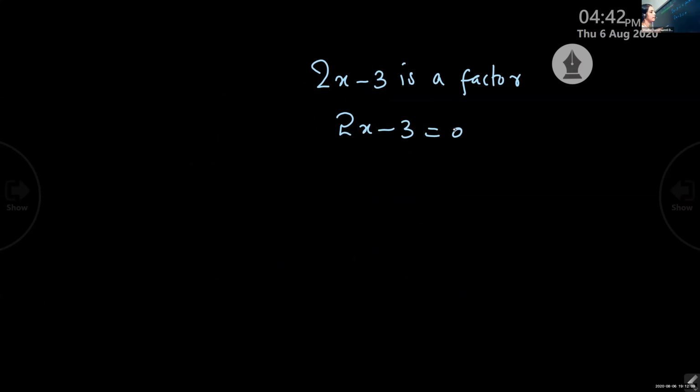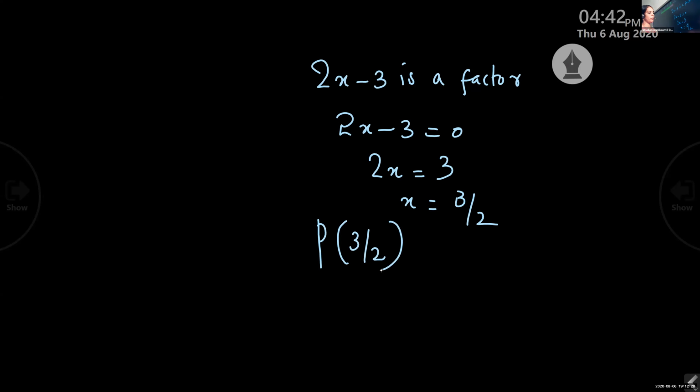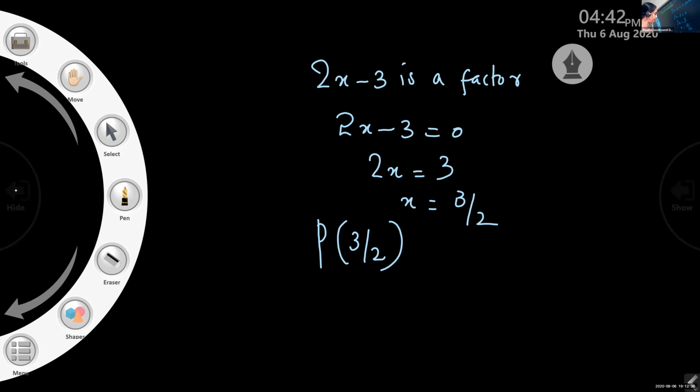Don't keep silent. 2x minus 3 is equal to 0. 2x is equal to 3, and x equal to 3 by 2. And you have to check P of 3 by 2. Okay, children? If it is 0, it is a factor.